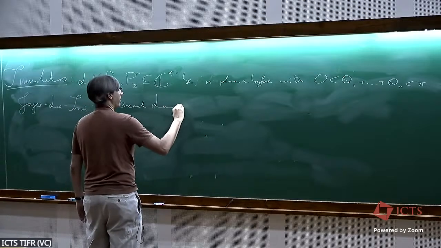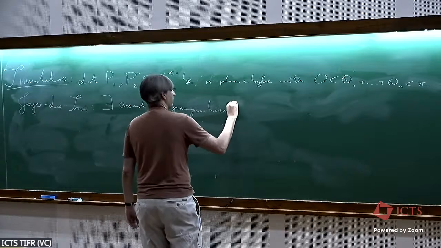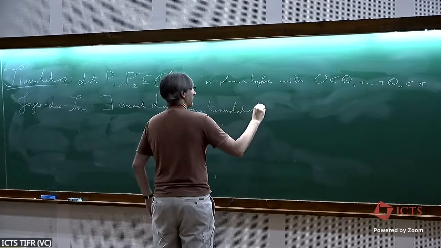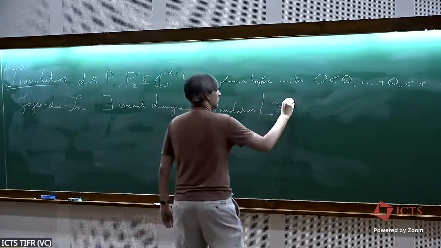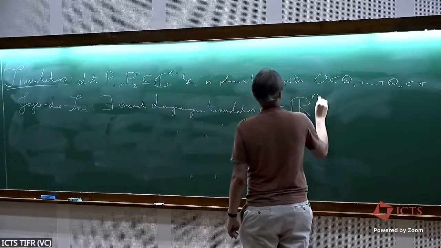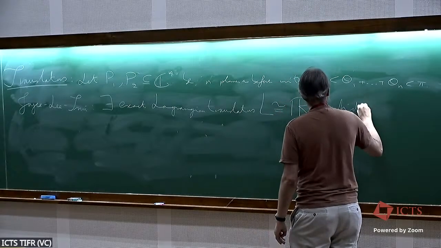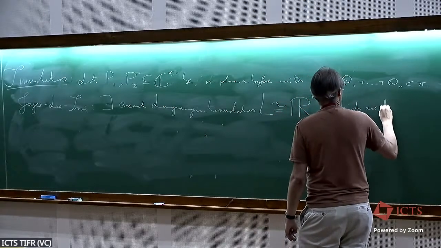Lagrangian translators L, which are topologically just R^n plus 1, which are almost calibrated.